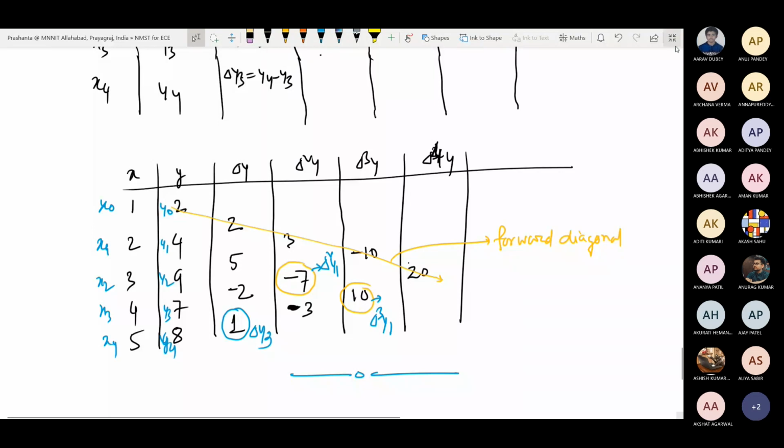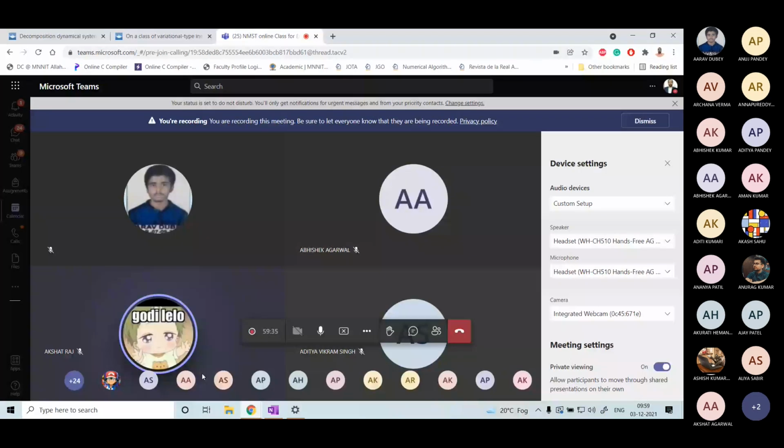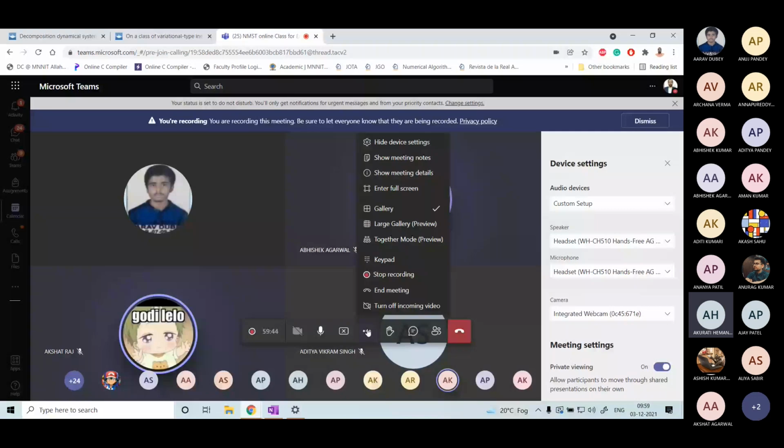Any doubts from online students? Just a moment. Students, any doubts from online students? Sir, what about that step division method, sir? What about it? Step division method, sir.